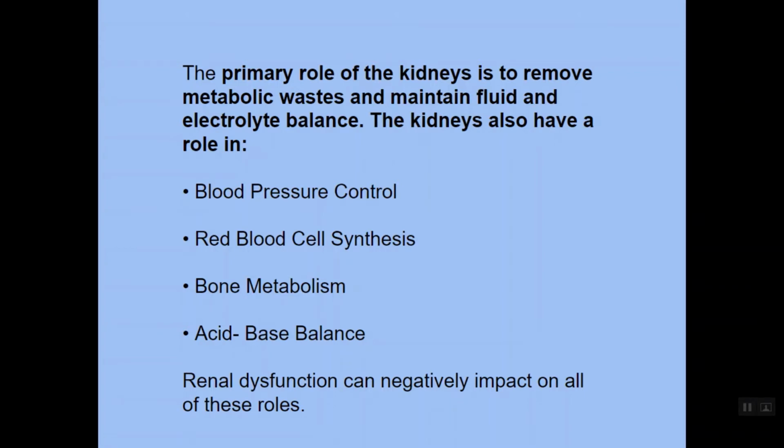The kidney is also very important in bone metabolism, as it is vital for vitamin D activation, which is important for calcium levels, as well as the control of parathyroid hormone and phosphorus levels. Finally, the kidney is important for acid-base balance. The kidneys will be able to make bicarb as well as secrete hydrogen ions. Renal dysfunction can negatively impact all of these roles.